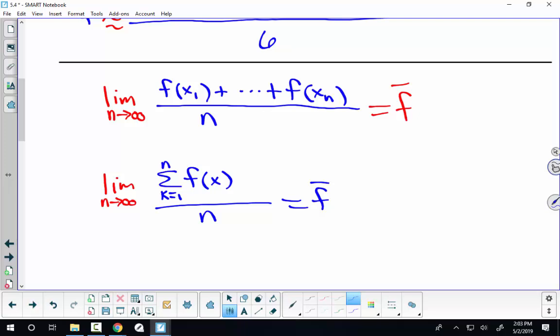And since we looked at that function by splitting it up into a bunch of subregions, the concept of delta x, the width of each of those subregions, is still applicable here.